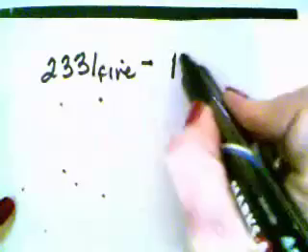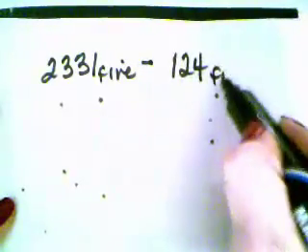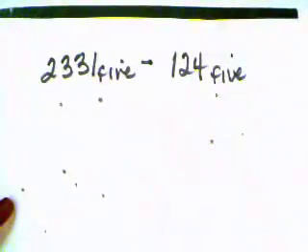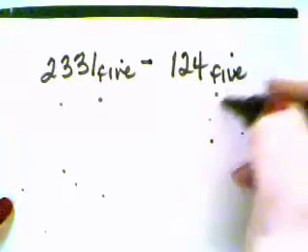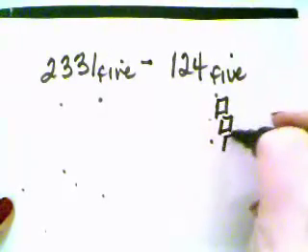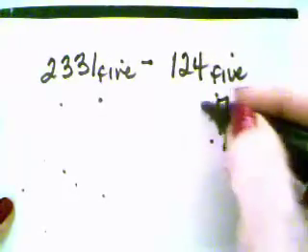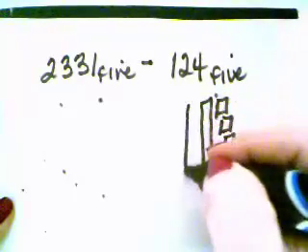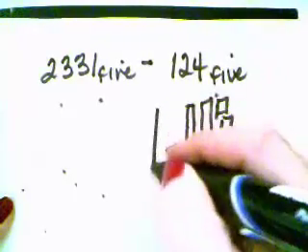Alright, let's do one more example. 2331 base 5 minus 124 base 5. So I'm going to draw out the 4 units, the 2 longs, and the flat.